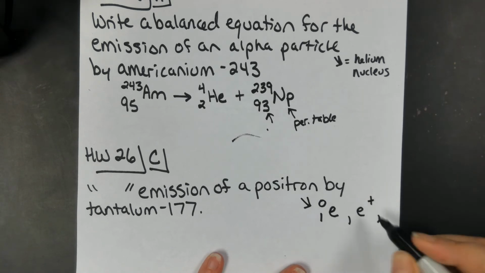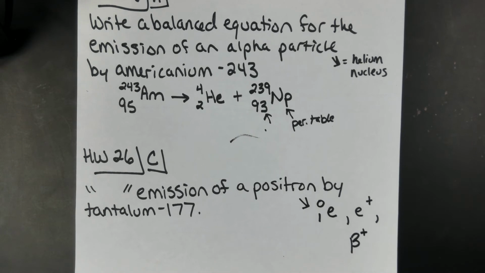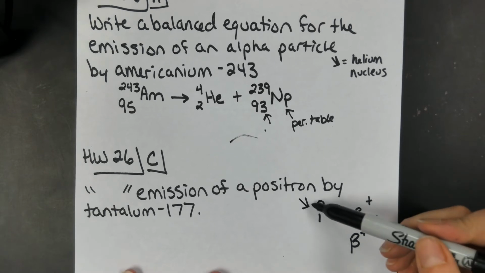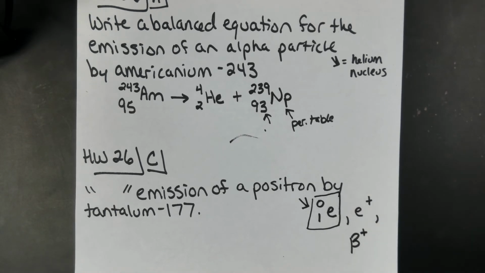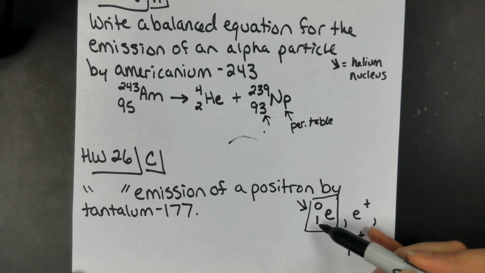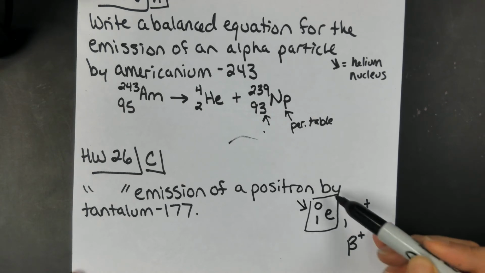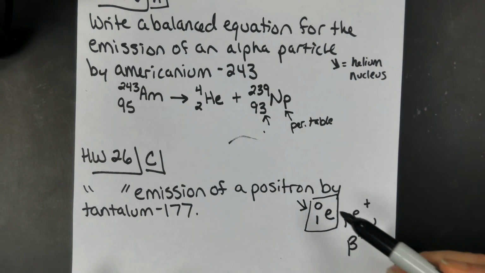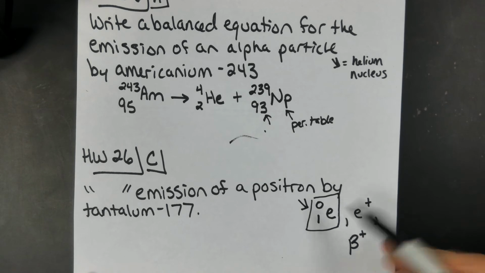It's essentially a beta particle that's positively charged. Now, just for my recommendation, this is probably the easiest way to write equations, with this representation, because it tells you mass number and number of protons. So this is probably the easiest way to write the positron representation.